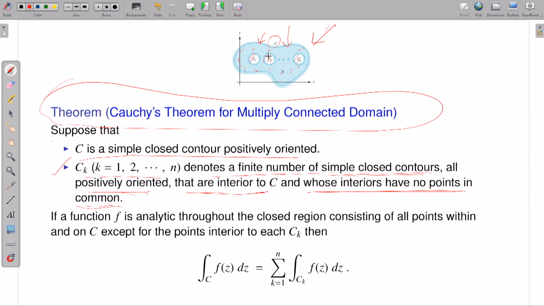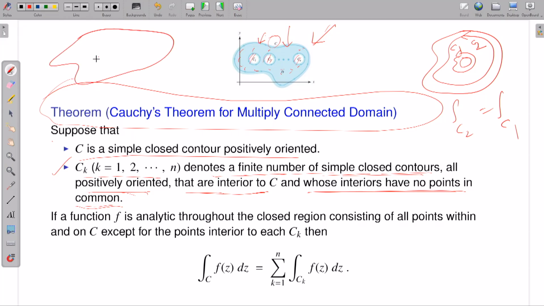If this is the case, what is my conclusion? Earlier, suppose this is my domain and there is only one hole, and I take a contour C2 and a small contour C1 around the hole. Then integration over C2 is the same as integration over C1, since there is only one hole. Now if there are two holes, it is also multiply connected.